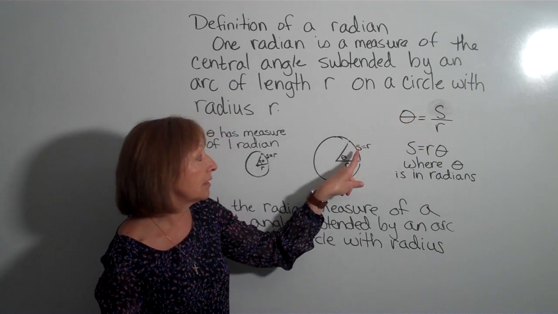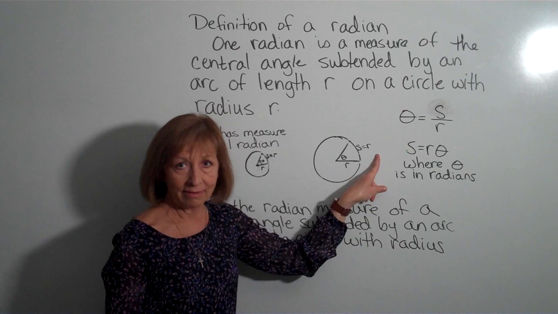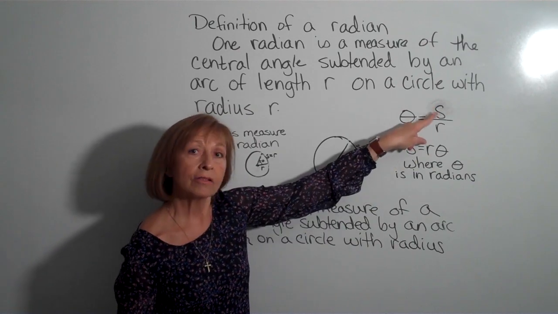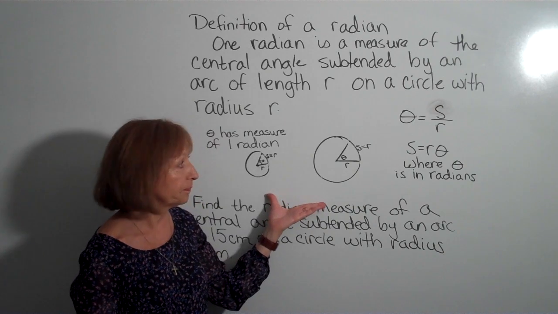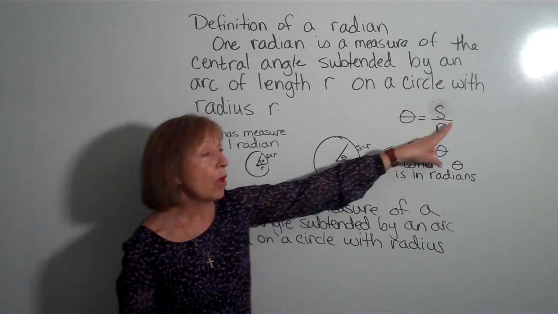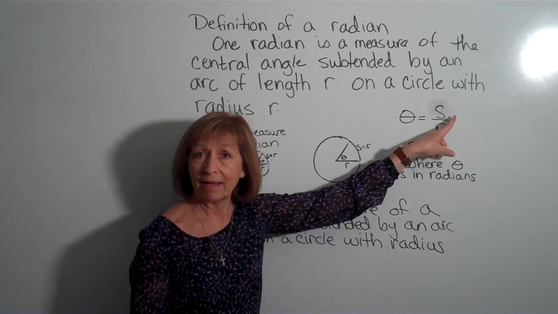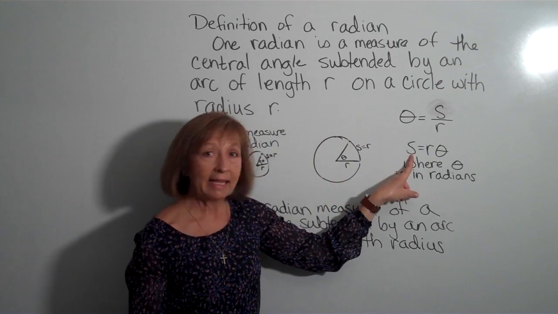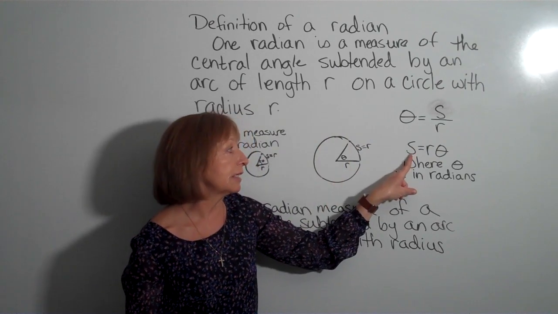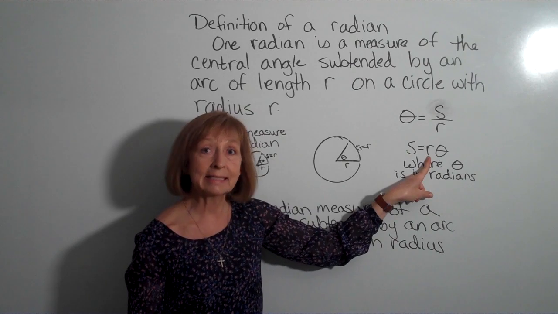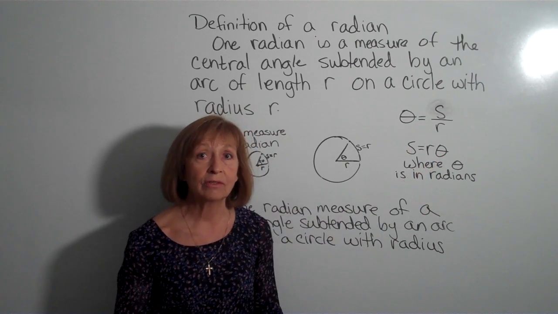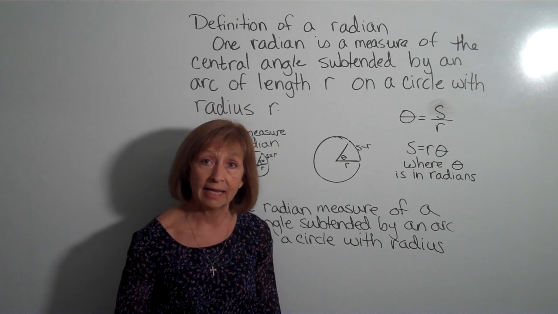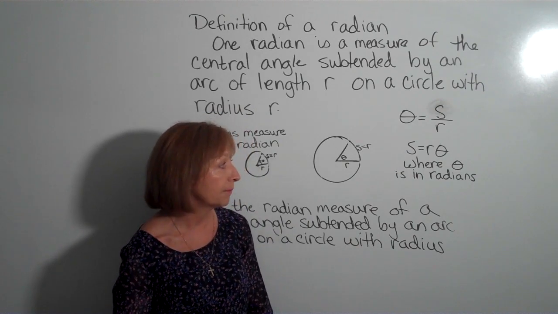And remember that if the length of the arc is the length of the radius, then I would have r divided by r, which is 1 radian, which we discussed over here. Multiplying both sides of this equation by r gives me that the length of an arc of a circle is equal to the radius times the central angle, as long as your central angle is measured in radians. You have to have that real number measurement for that.